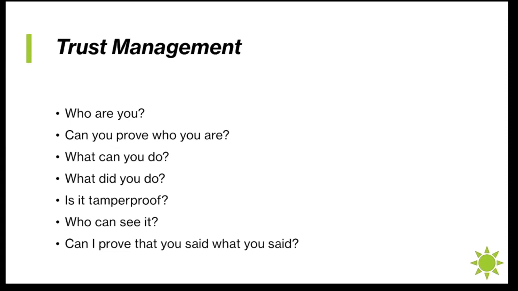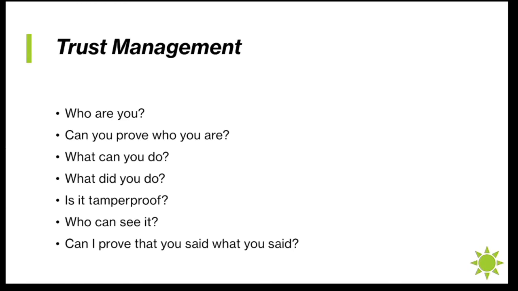Encryption provides a number of important security components to protect electronic information, such as identification. Who are you? Are you the intended recipient of this information? Next, authentication. Can you prove who you are?